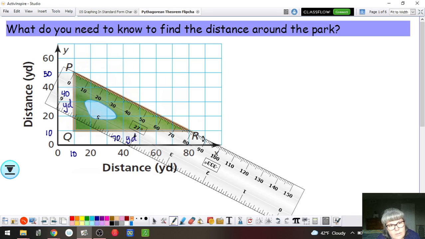And this is going to be approximately 78 yards, I believe. That's 75, 1, 2, I believe we can say 78 yards.